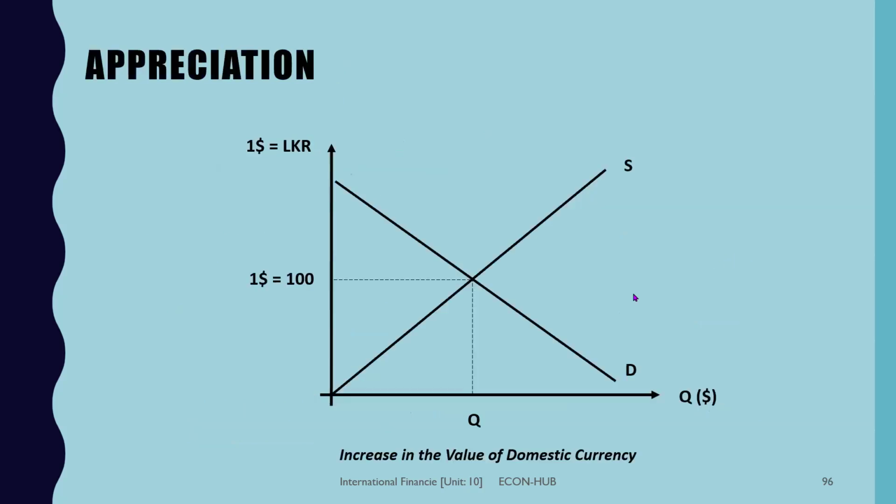Now, when there is an appreciation, how do the demand and supply forces change? I have printed this diagram. You guys need to just go through it with me to understand it. So we go from S to S1, which means the supply of US dollars has to increase.